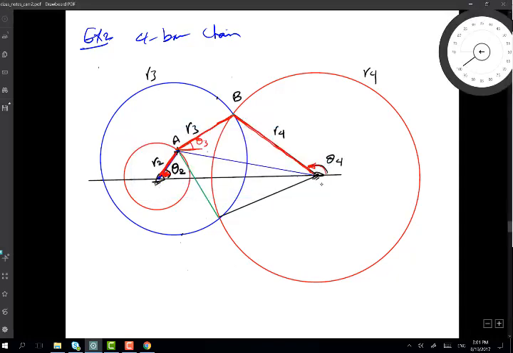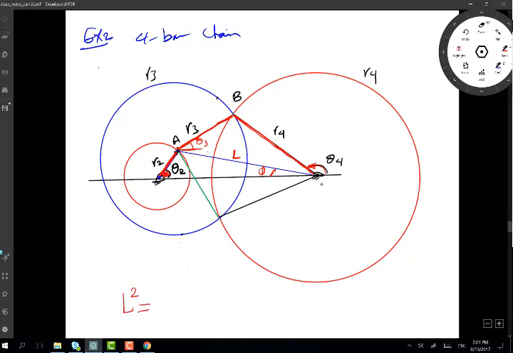I'm going to give this line the name L. So that's L here, and this will be an angle phi I'm going to use in my analysis. Right, so let's say I can calculate the value for L based on my triangle.